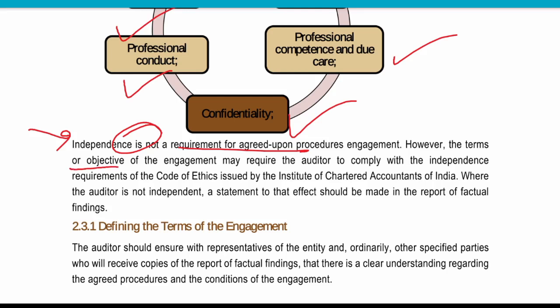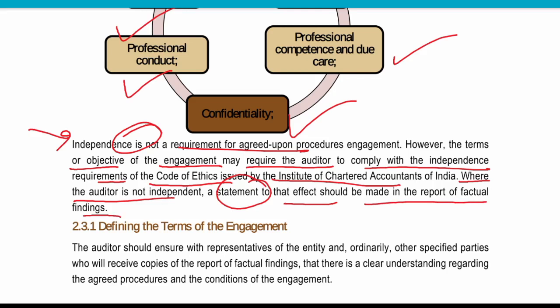However, the terms of objective of the engagement may require the auditor to comply with the independence requirement of the Code of Ethics issued by the Institute of Chartered Accountants of India. Where the auditor is not independent, a statement to that effect should be made in the report of factual findings.